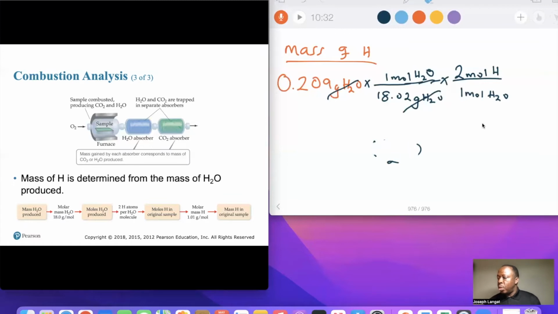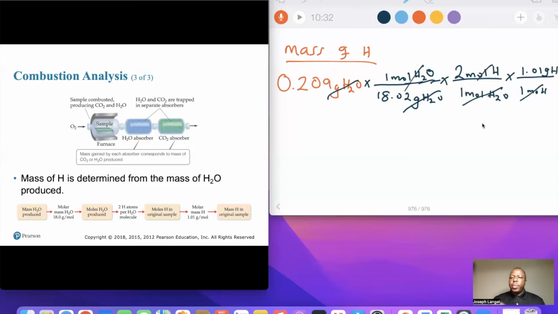So here is where the 2 is coming from. You need to understand that it's going to be the same thing throughout. So when I cancel moles and moles, that will give me the number of moles of hydrogen. You need to find the mass. So here is the conversion factor: for every 1 mole of hydrogen, not hydrogen gas, you have 1.01 grams of hydrogen. So moles and moles will cancel.